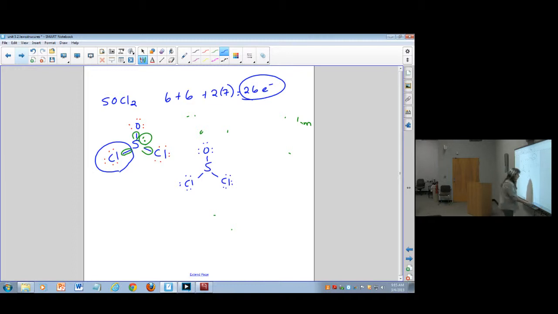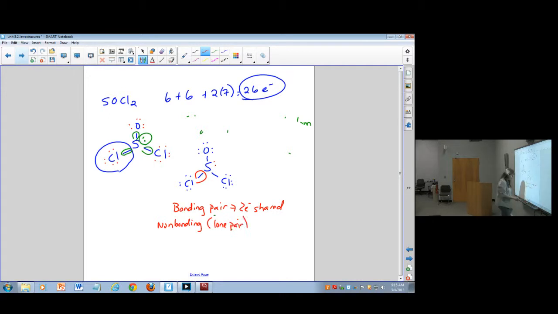A bonding pair is the two electrons shared in a bond. Two electrons that are shared. Then the non-bonding pair is also called a lone pair, just because we wouldn't want to have just one rule.